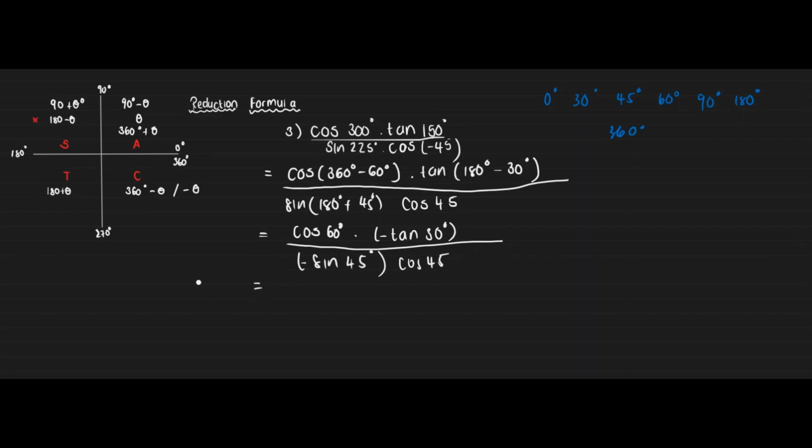Since everything is multiplying on top and the bottom, and it's a division, the negatives are going to cancel out, because negative divided by negative gives us a positive. So we're going to have cos 60 degrees multiplied by tan 30 degrees divided by sine 45 degrees, and the last one is cos 45 degrees.